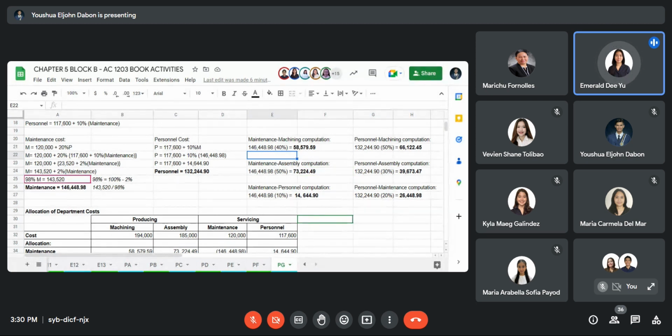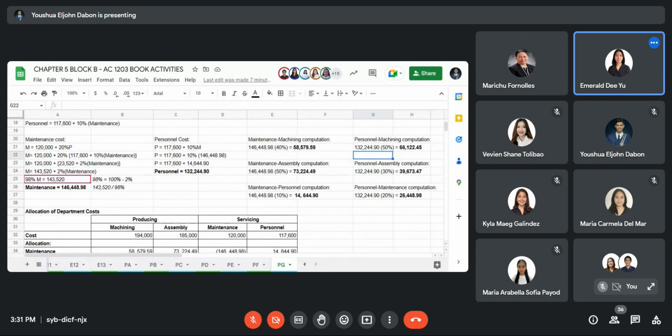And for the maintenance personnel computation, multiply maintenance cost, 146,448.98, times the given percentage, which is 10%, is equal to 14,644.90. For the personnel cost, we multiply the personnel cost with the machining percentage, which is 50%, which is equal to 66,122.